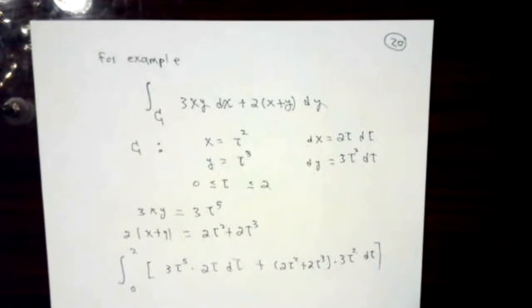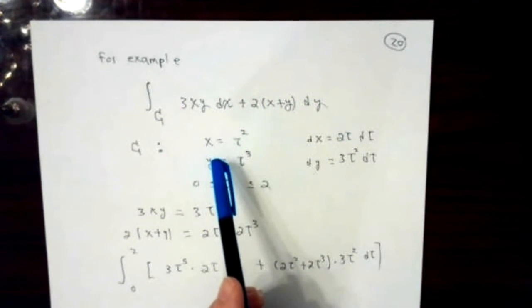So I'd like to find the line integral over curve C of 3xy dx plus 2 times the quantity x plus y dy, where C is this curve. x is going to be t squared, y is going to be t cubed. The t will vary between 0 and 2.